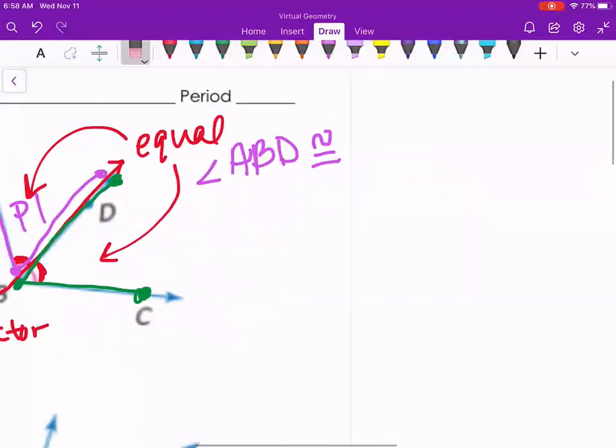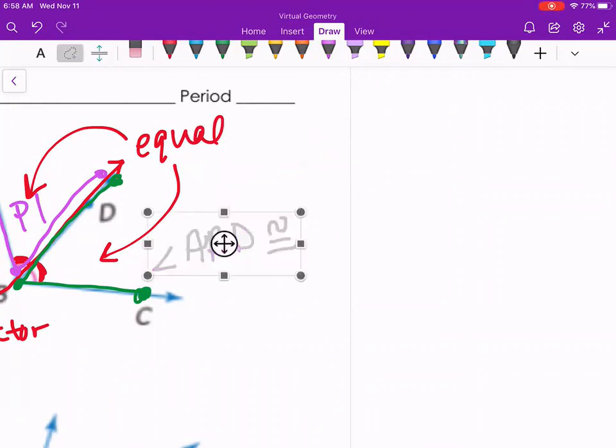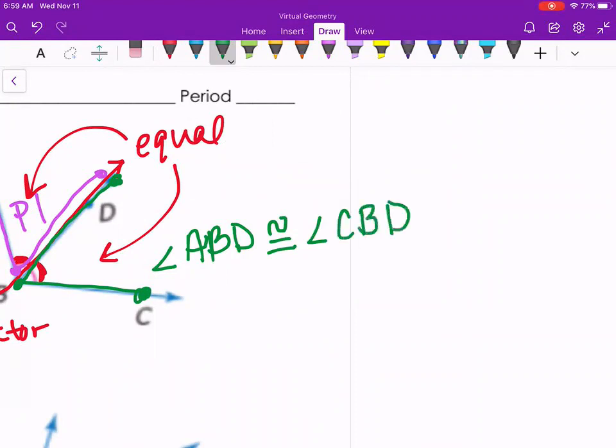And I'm actually going to move this down, so give me just a second. There we go. So angle ABD is congruent to angle CBD. And then we have our part two.